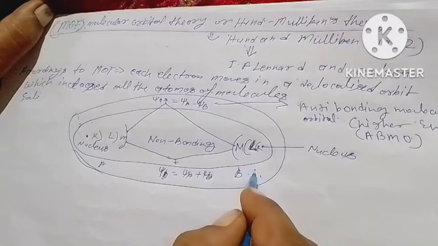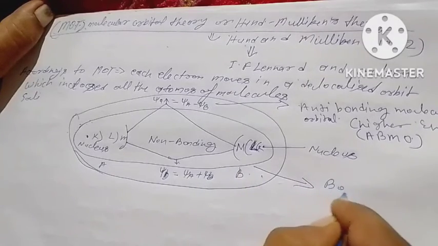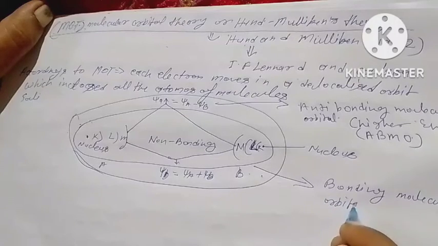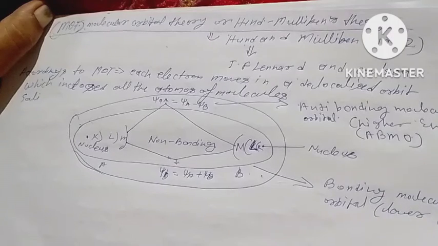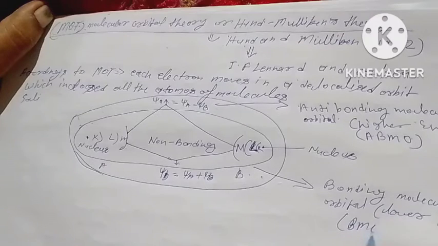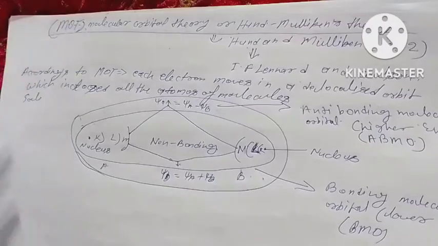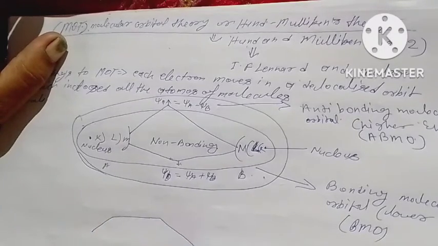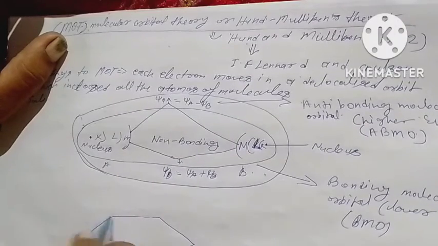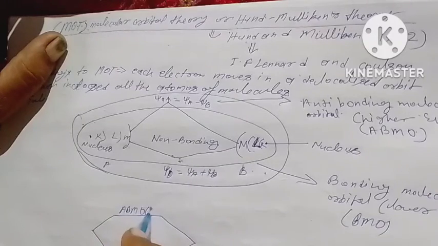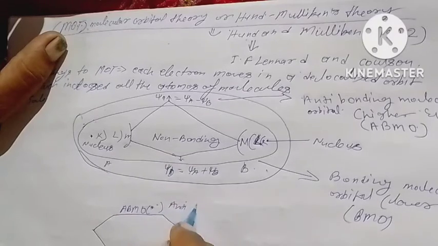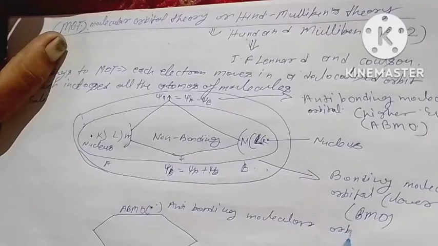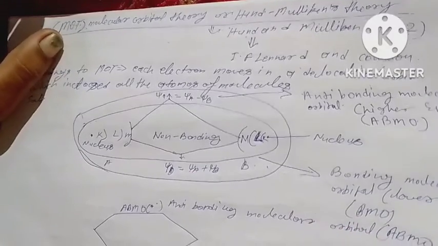This condition is the bonding molecular orbital, BMO, which has lower energy.